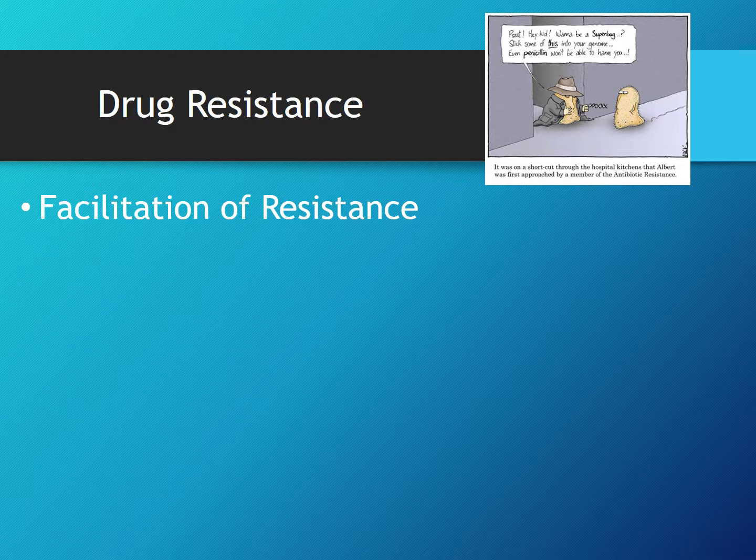We talked about this in the previous general anti-infective presentation, but we're very concerned about the fact that we do have antimicrobials out there that have become resistant. The microbe becomes resistant to the drug, and so the drug cannot perform its mechanism of action effectively.